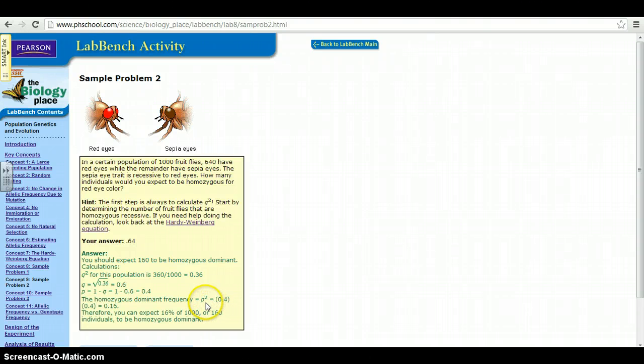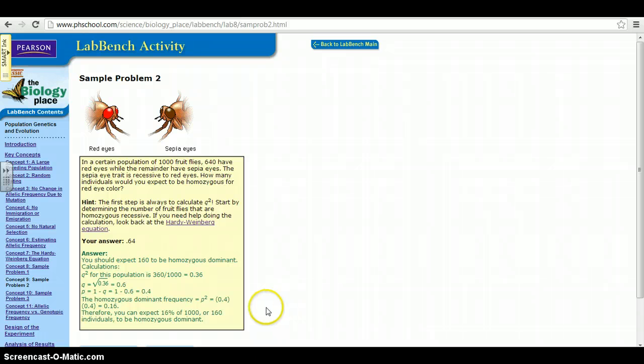So if we square 0.4, that gives us the percentage of individuals that are homozygous red. 0.4 squared is 0.16. That means 16% of this population is going to be homozygous dominant. And in a population of 1,000, that means 160 total individuals will be homozygous for that red allele.